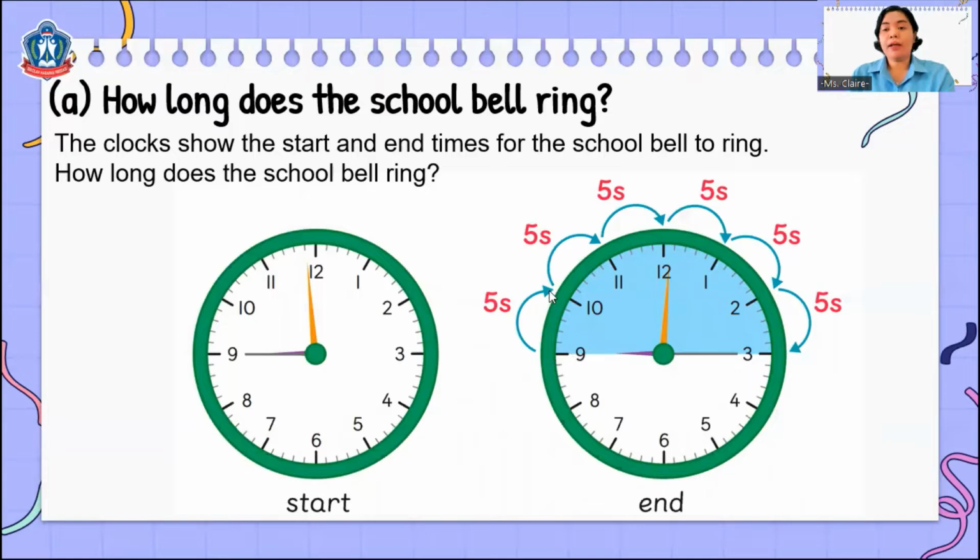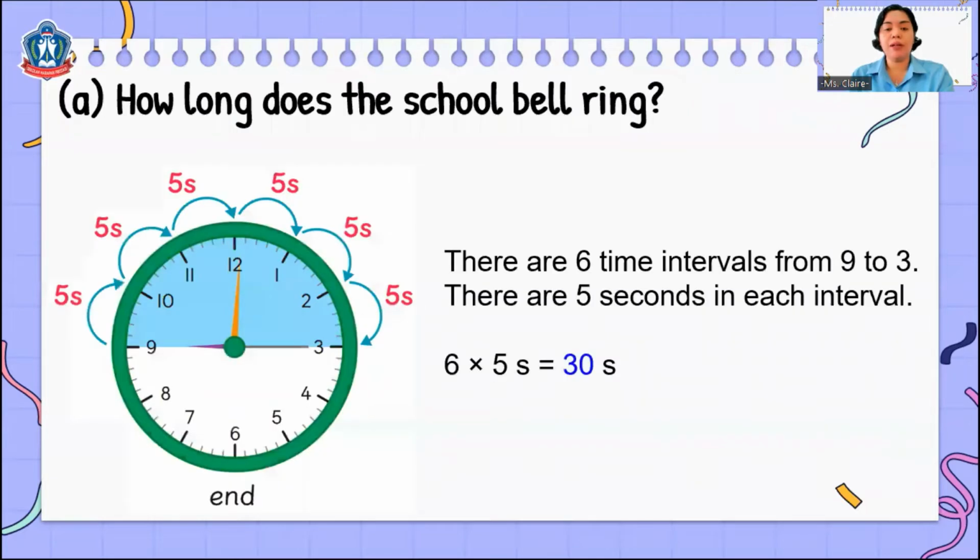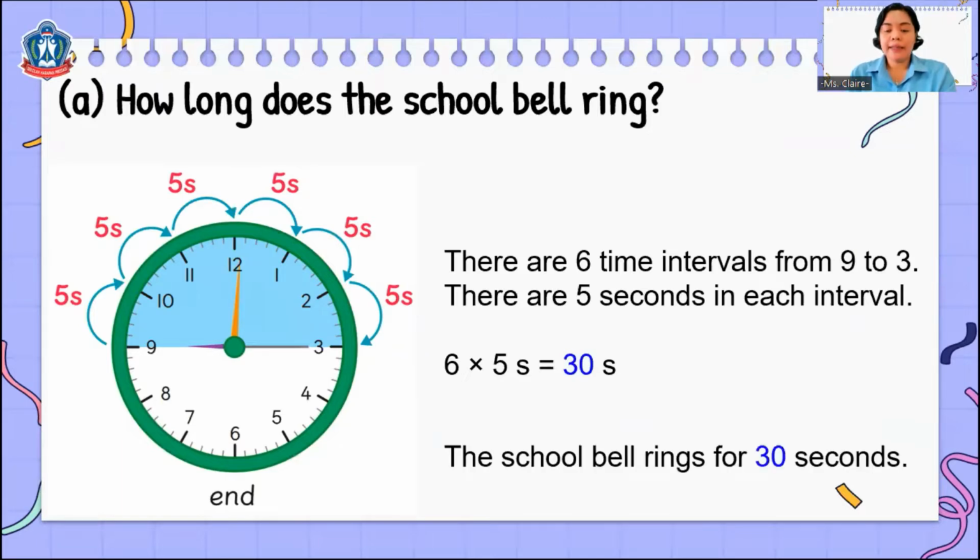Each number means 5 seconds if the second hand is the one moving. So we have 1, 2, 3, 4, 5, 6. The second hand moves from 9 to 3 in 6 moves. So all you need to do is multiply 6 by 5, because there are 5 seconds in one move. Therefore, the school bell rings for 30 seconds.